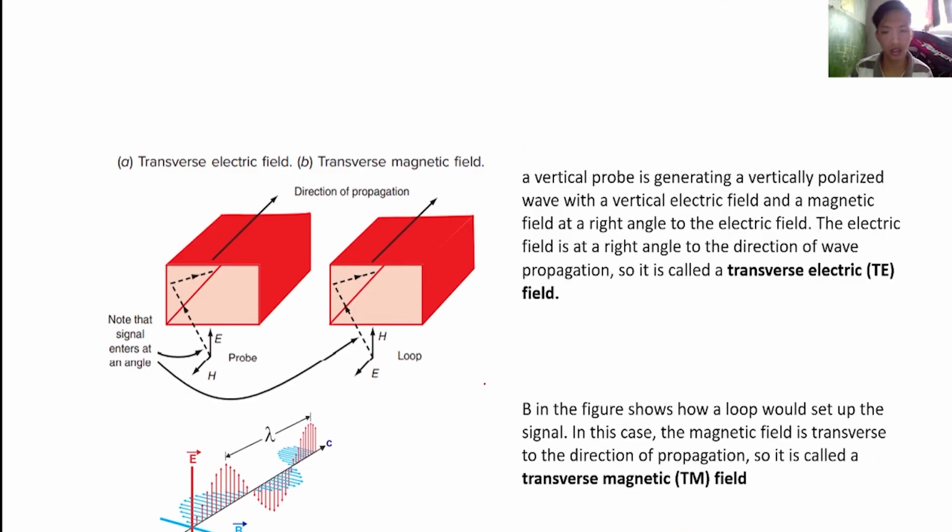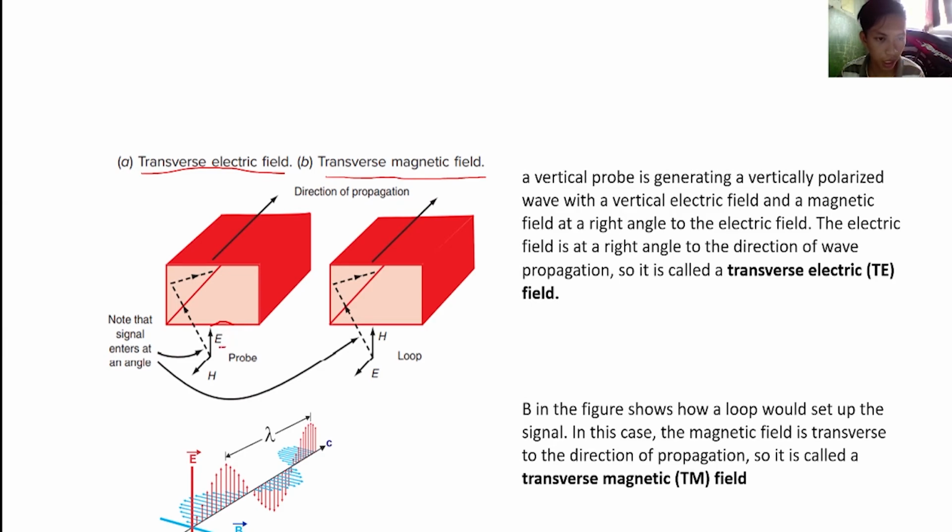Okay, it is important that we consider the transverse electric field and the transverse magnetic field. Since we are dealing with electromagnetic waves, it is reasonable that there is an electric field and a magnetic field. So pay attention to this one.